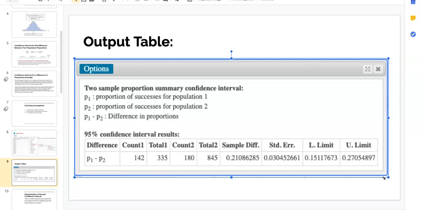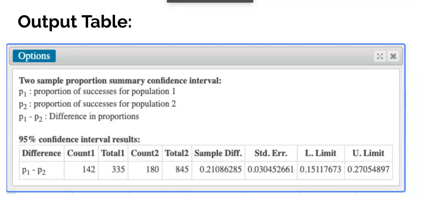Alright, I'm back. So let's talk about this output table. And you see the confidence interval right there, right? Let me go ahead and present this. So P1 is the proportion of successes for population 1. What that means is the proportion of people who are binge drinking out of all student drinkers in 1997, and P2 is the proportion of successes for population 2.